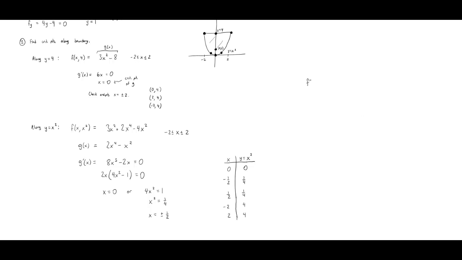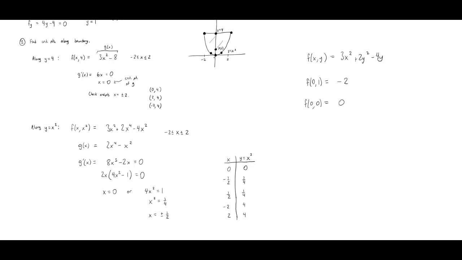I'm going to plug all of these points into the function now. So plug in 0, 1. Let me just recopy the function real quickly. Okay. So if we plug in 0 for x and 1 for y, you'll get negative 2. Let's plug in 0, 0 next. You'll get 0.